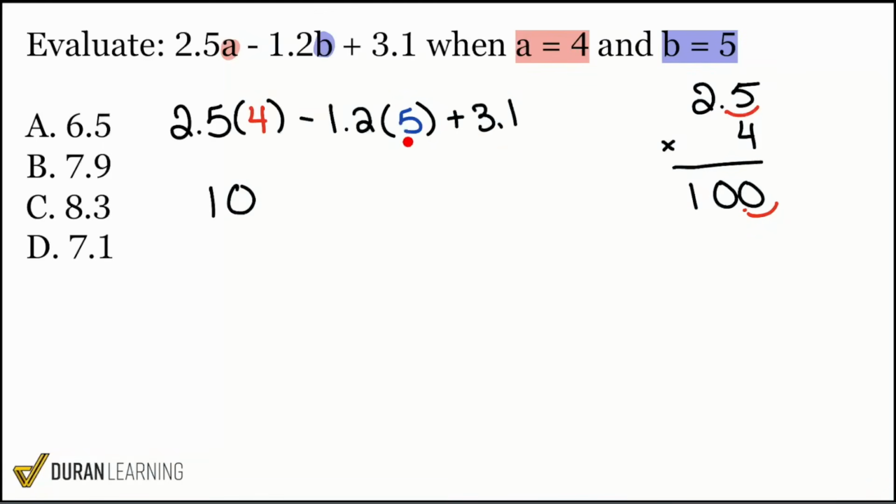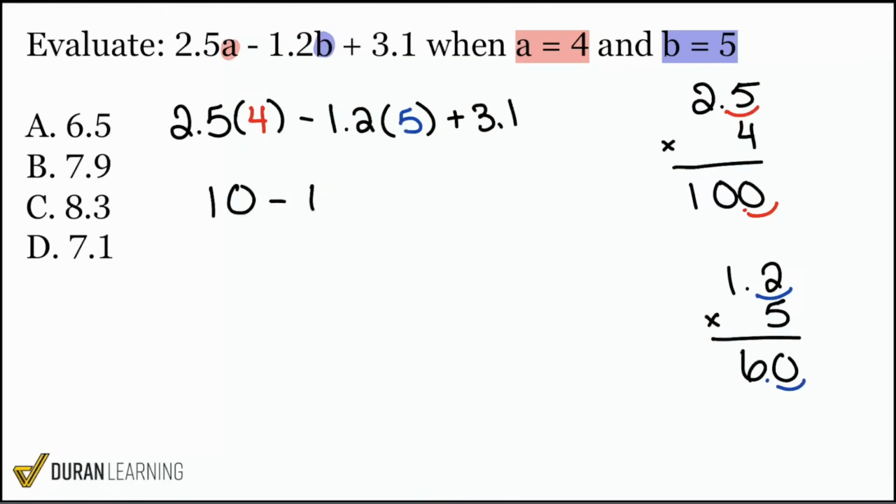From there, let's take a look at this step right over here. 1.2 multiplied by 5. It works the same exact way. We have 1.2 multiplied by 5. Everyone, if we think about this as 12 times 5, that'll end up being 60. And then we just bring one decimal place back, and that will be 6.